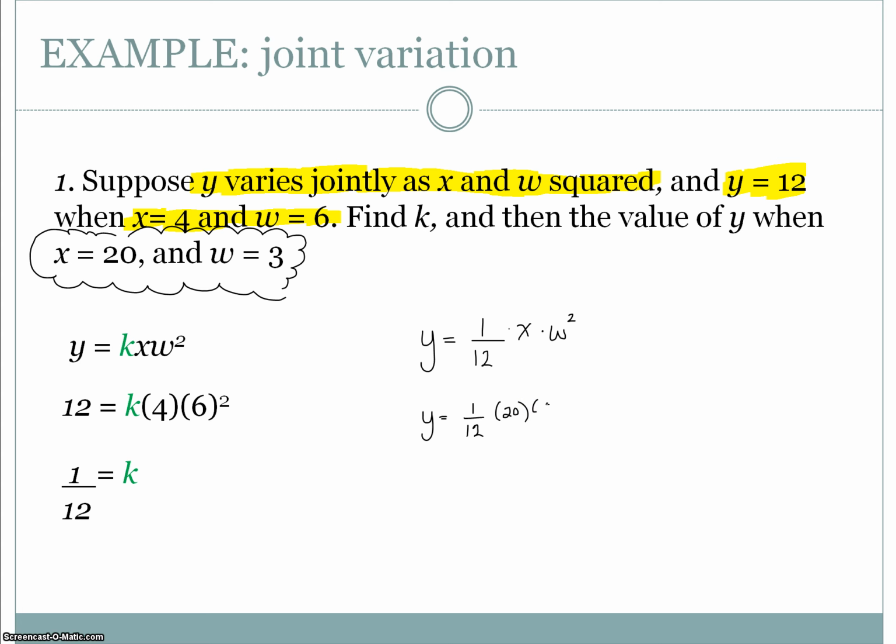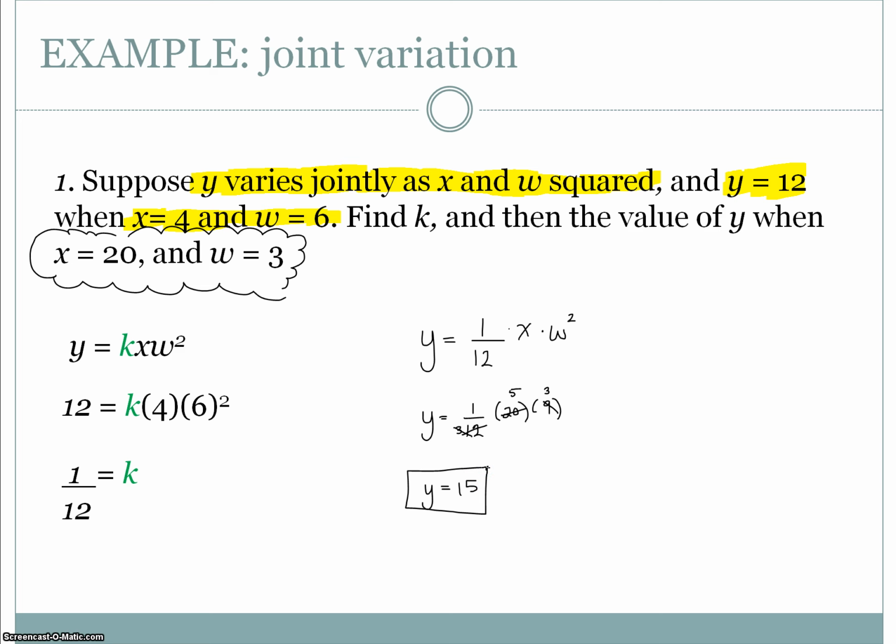So this is 9. So let's see. 4 goes into 12, 4 goes into 20. And 3 goes into 3, and 3 goes into 9. And that leaves me with y equals 15. And that is my final answer.